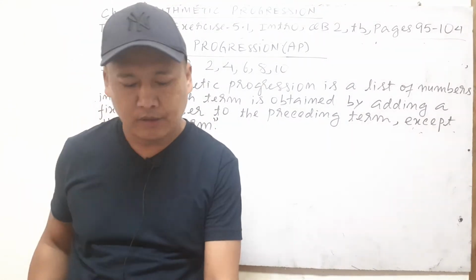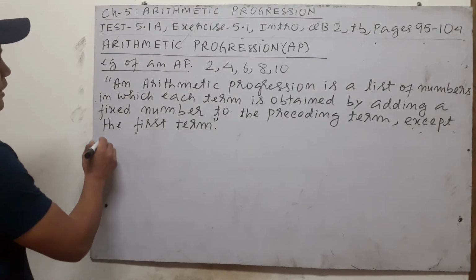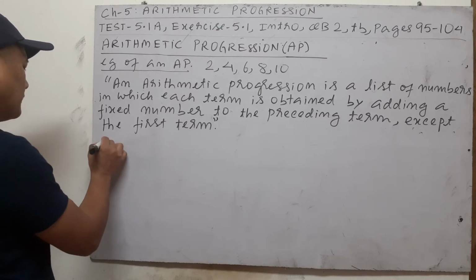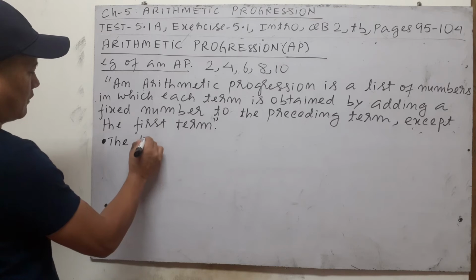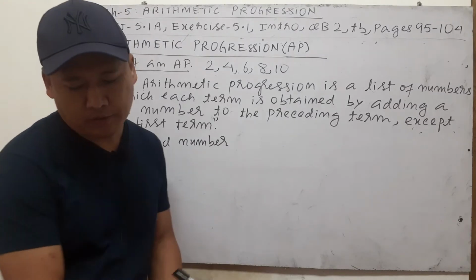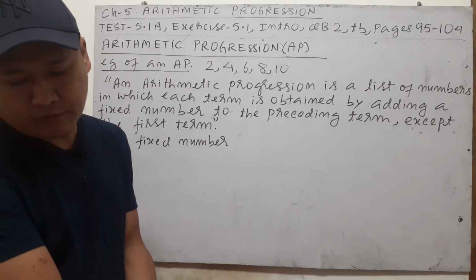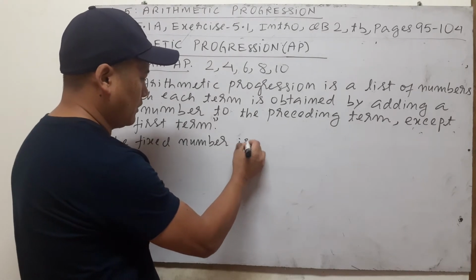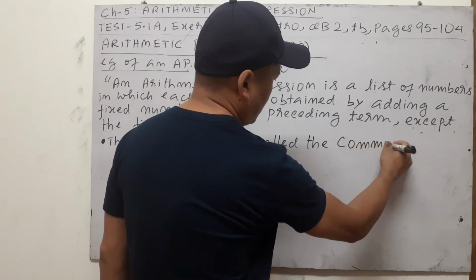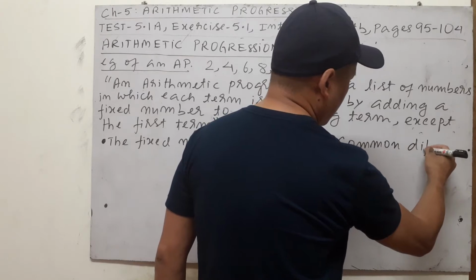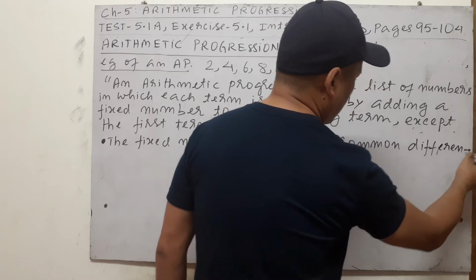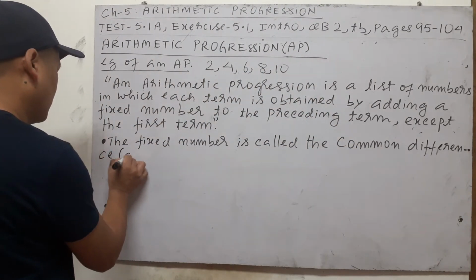Important points to note here. Under this arithmetic progression, the first one is common difference, D. Put a bullet point: the fixed number that you use in an AP is called the common difference, usually denoted by small d.